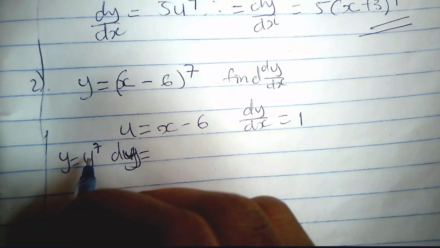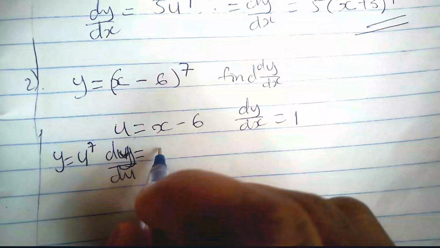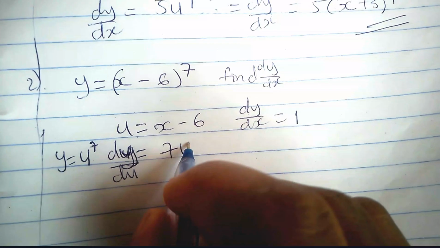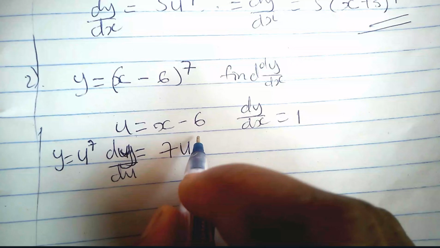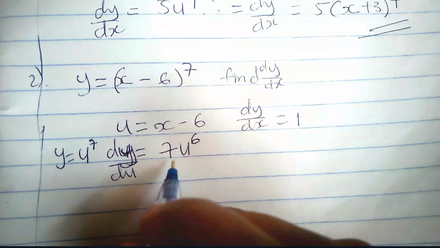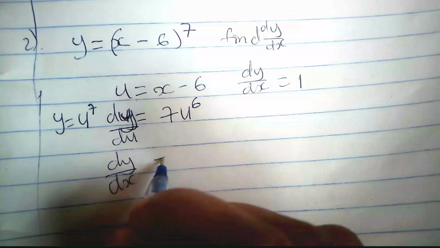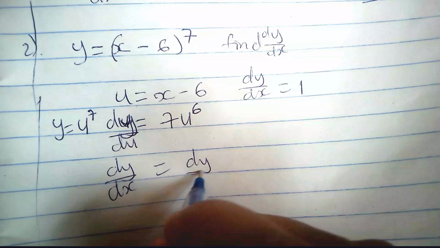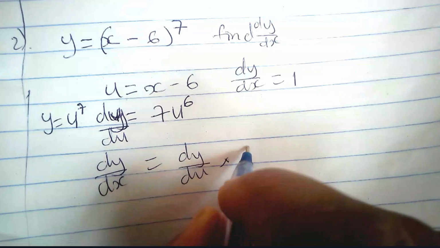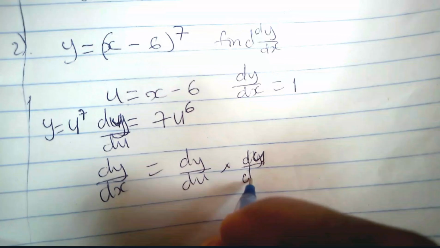So the derivative of y with respect to u is going to be 7 times u raised to power 6. From the chain rule formula, we know that dy/du times du/dx is our dy/dx.